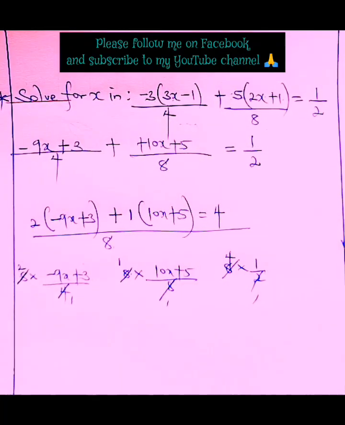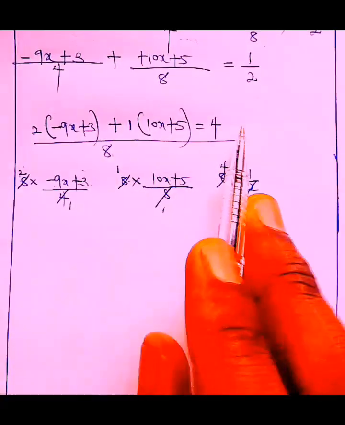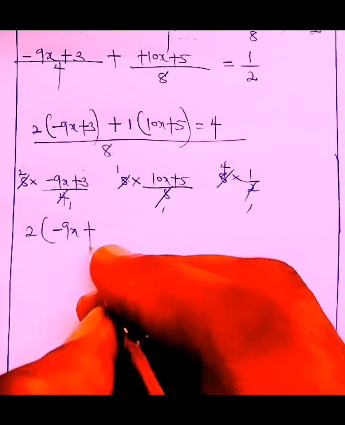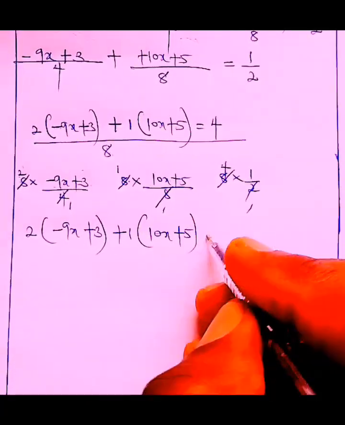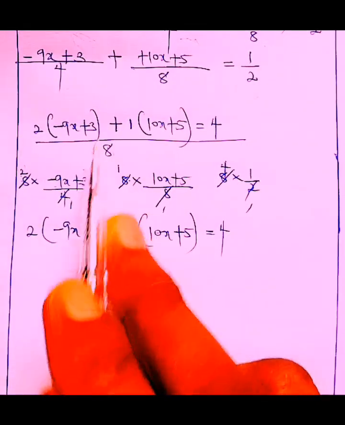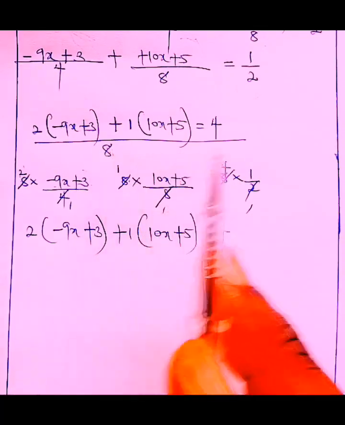So what do we do next? The next thing we do is we're going to write this out. So that will be 2, open our bracket, minus 9x plus 3, plus 1 (10x + 5) equals 4. Now the question is, where has this LCM, that is the denominator, gone to? That's a principle.